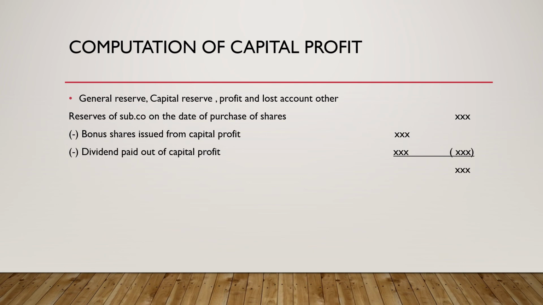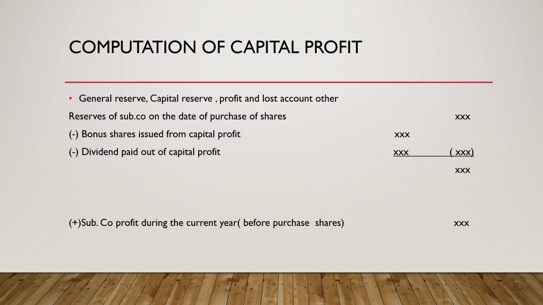Generally, dividend may be paid out of capital profit or revenue profit; whatever it may be, they will tell you what it was paid from. If the dividend is declared out of capital profit, then it has to be subtracted from capital profit. So do these two things: subtract them from total capital profit.